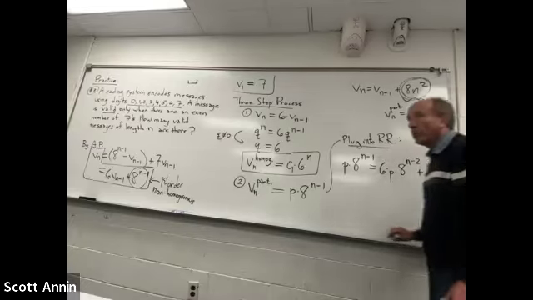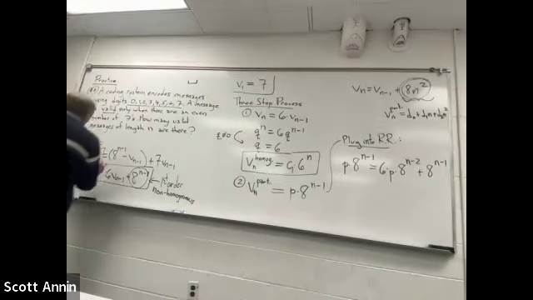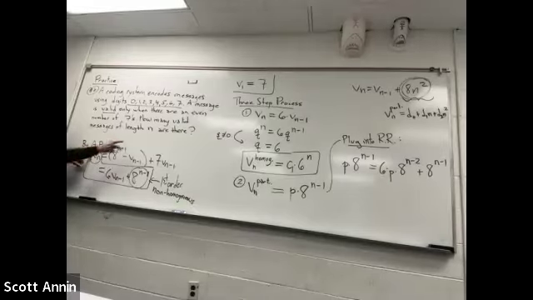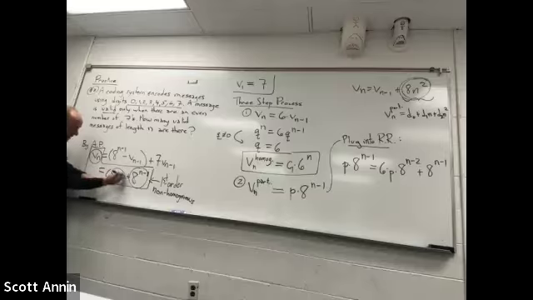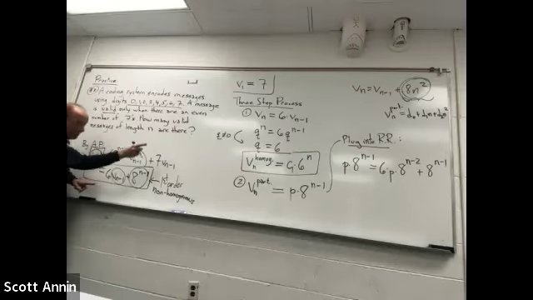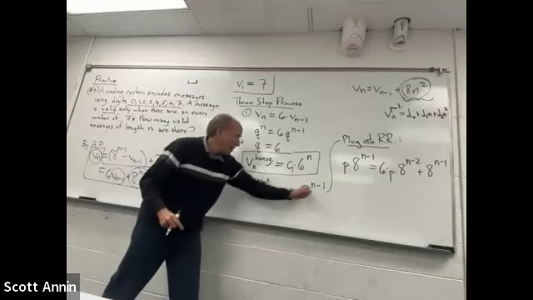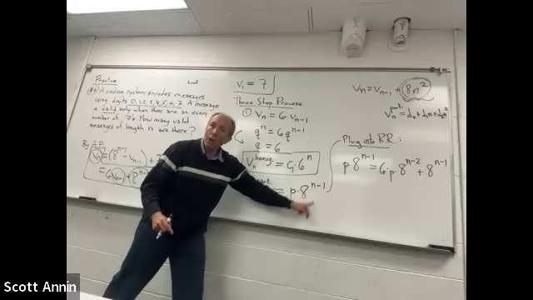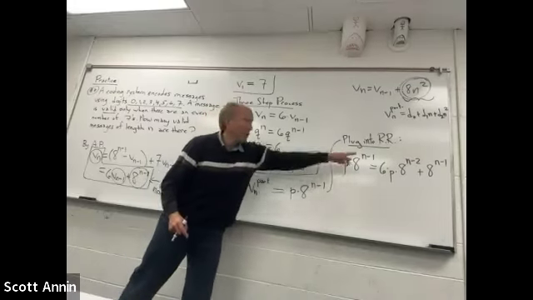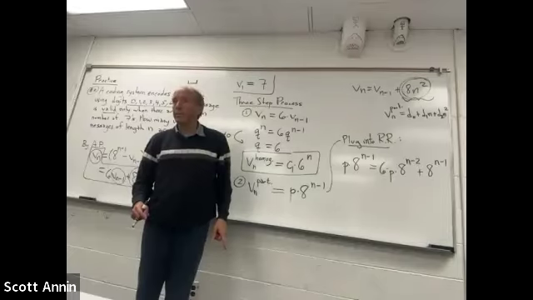So let's make sure I'm not going too fast. I'm just taking where I have this Vn, I'm just putting p times 8 to the n minus 1, and here's Vn minus 1, which would be p times 8 to the n minus 1 minus 1, which becomes n minus 2. Very good.